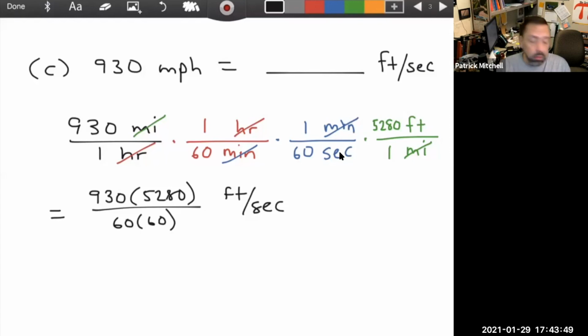I've done this problem probably 20, 25 times over the years. Divided by 60 squared. Okay, I'm glad I did that over. So that comes out to 1,364 feet per second.